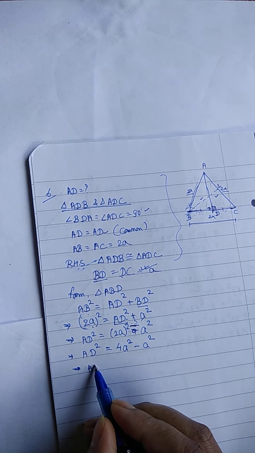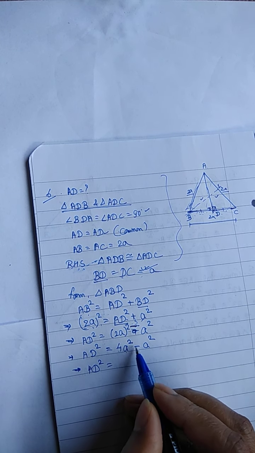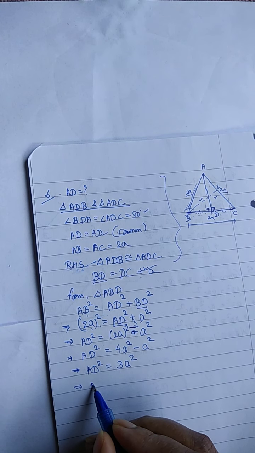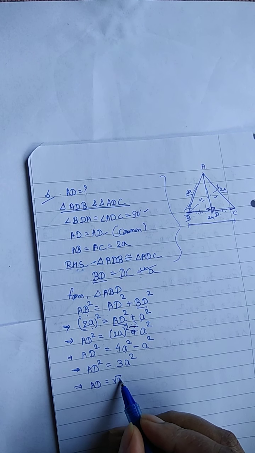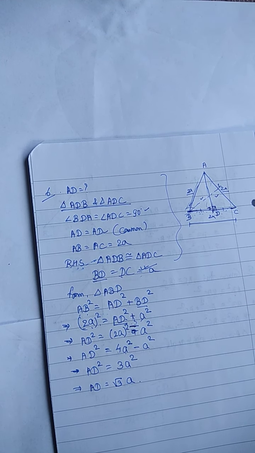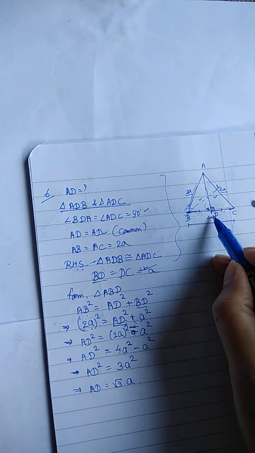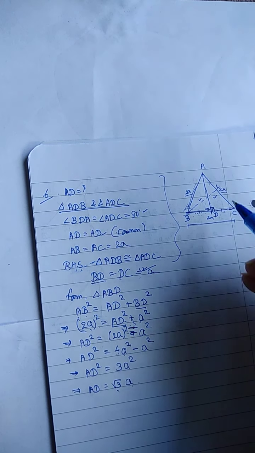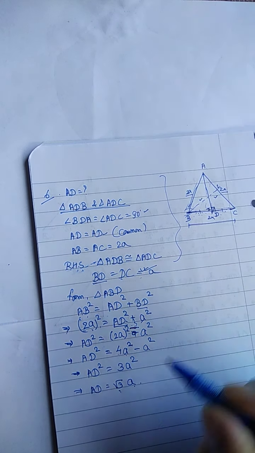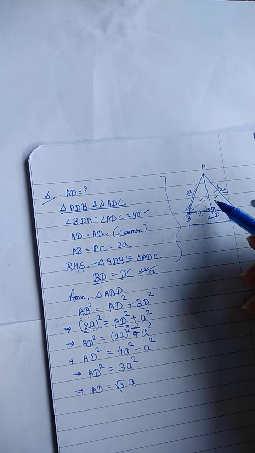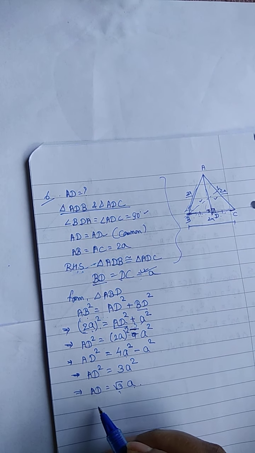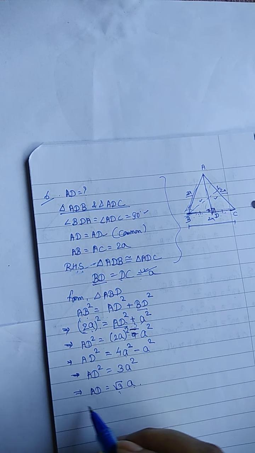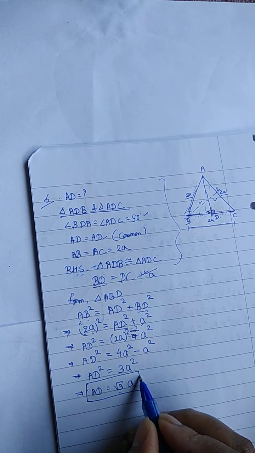That means AD square equals to 4A square minus A square equals to 3A square, right? That means we can say AD equals to root 3 A. Correct? So now we are able to find the altitude. AD equals to root 3 A. Similarly, since all altitudes are equal in an equilateral triangle, all altitudes will be root 3 A. Okay, so this is done now.